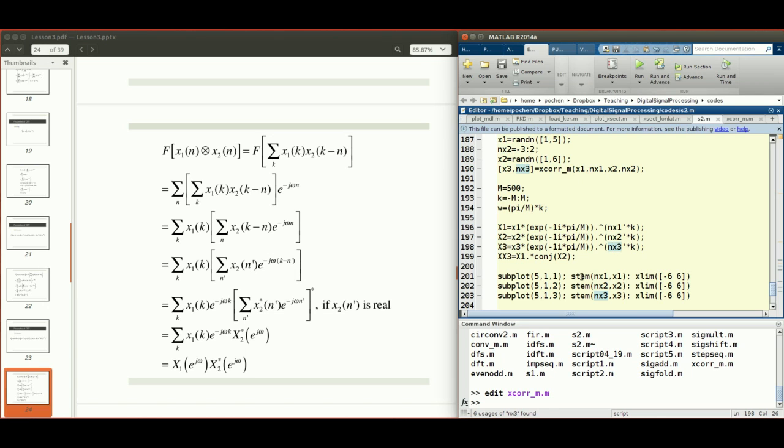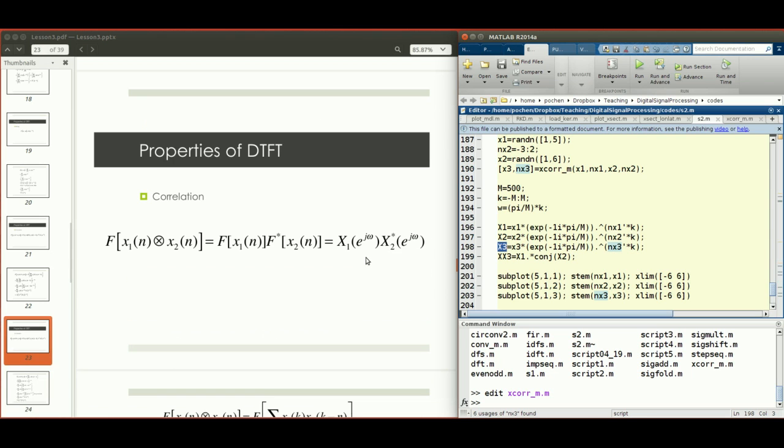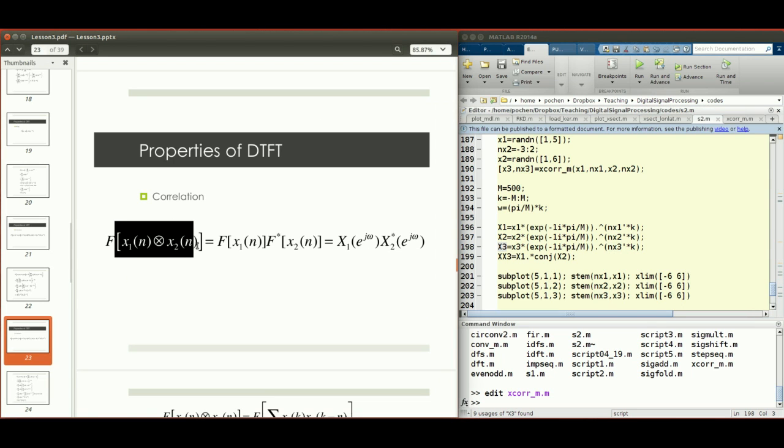So big X3 is the left-hand side: the Fourier transform of these two signals correlating together.